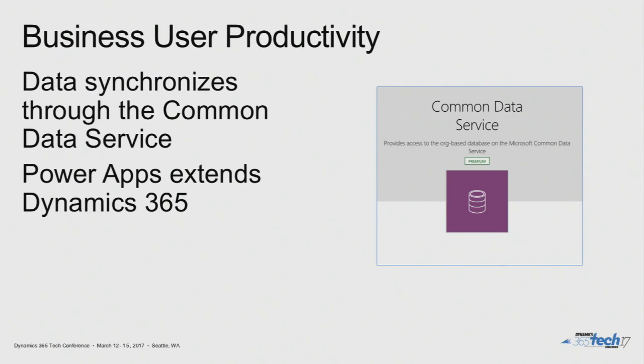So you may have noticed that we're going to be synchronizing data through the Common Data Service. And I often get the question, why? Why are you bothering? You could go straight across between the two systems. The reason we're synchronizing the data through the Common Data Service is to allow business users to create applications more easily. The canonical scenario here is simply that I have some master data, say, for instance, employee or product or whatever, and I want to extend that with a simple little app.